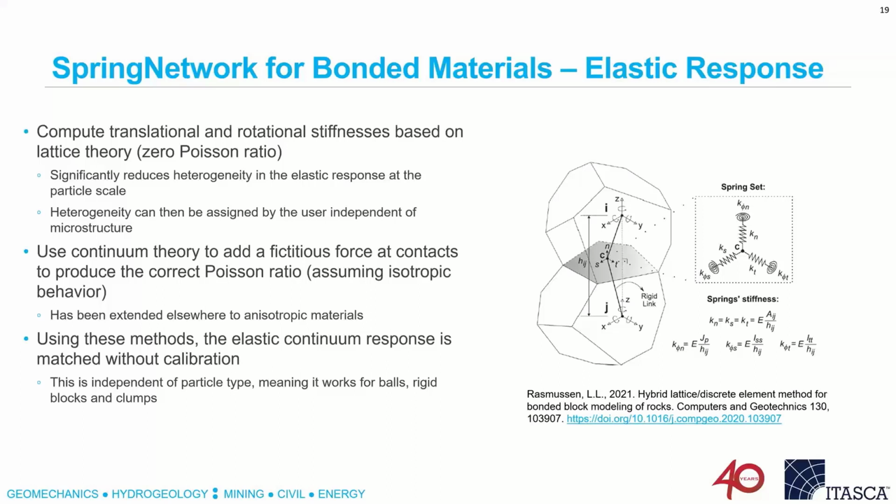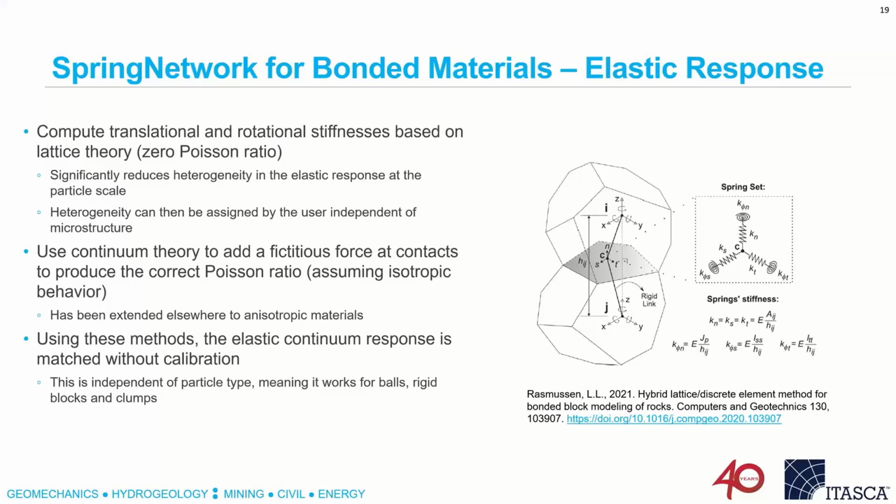So you can match, for an isotropic material, a target Young's modulus and Poisson's ratio without calibration, which has been very difficult to do in PFC. It also reduces heterogeneity of elastic response in the model, so you can put the heterogeneity in yourself as the user versus it being dictated by the material microstructure.